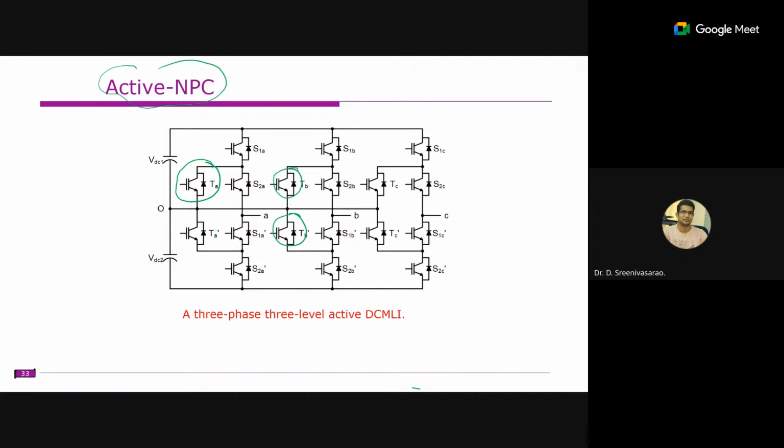Now we can actually control the current flow. Depending on your requirement, we can turn on this switch or this switch, so we can balance the capacitor voltages. This is how we can improve the performance and balance the capacitor voltages or the DC sources. So this is one way.